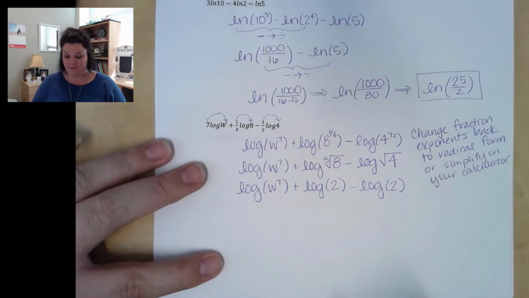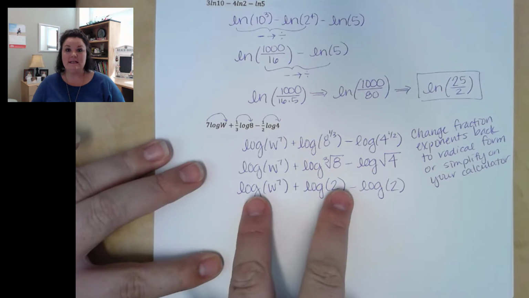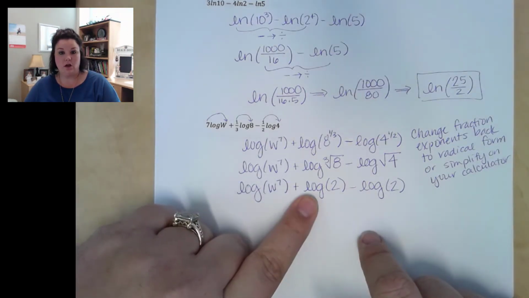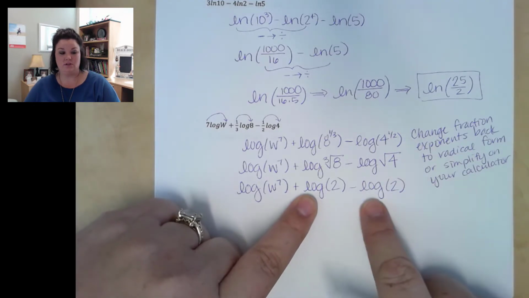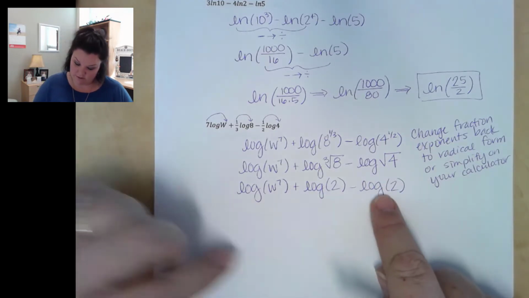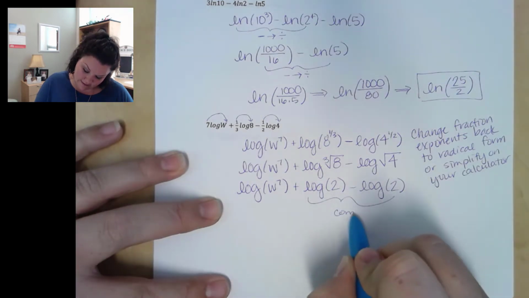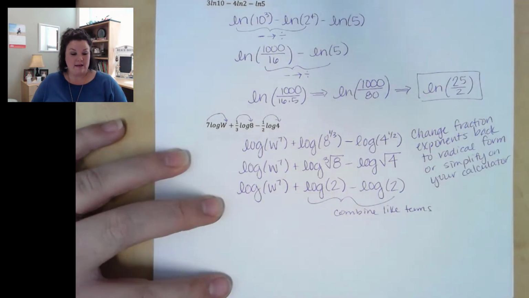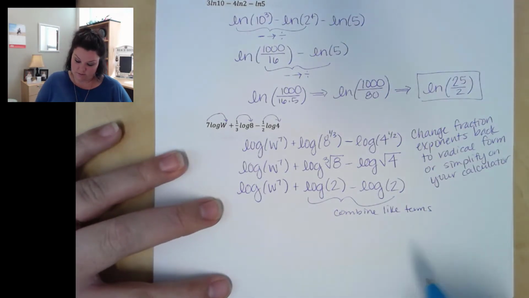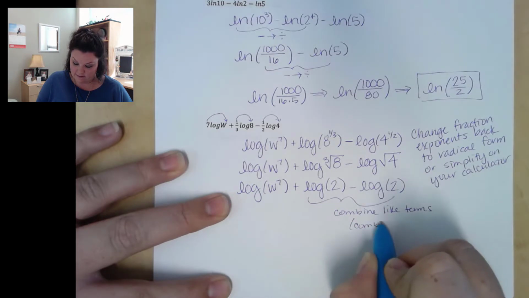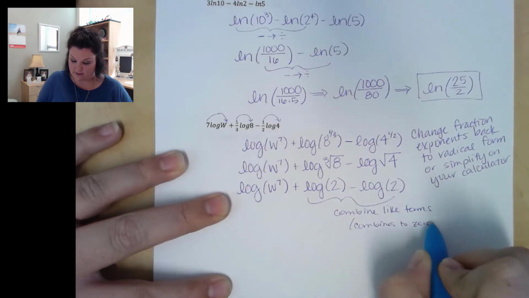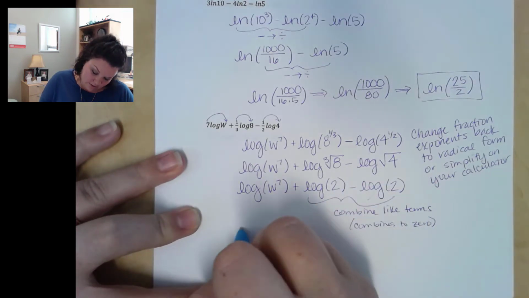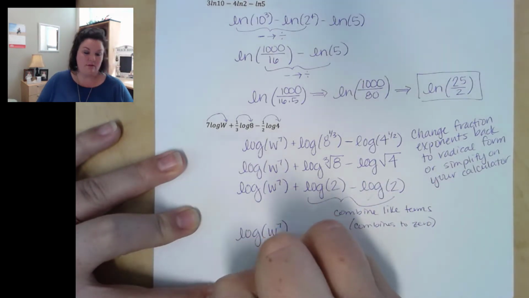Notice what happens before I even start condensing. I have a positive log 2 and a negative log 2. These are like terms. When I combine like terms, it combines to 0 because they're opposites, so these just cancel out and I'm left with log of w to the 7th power.